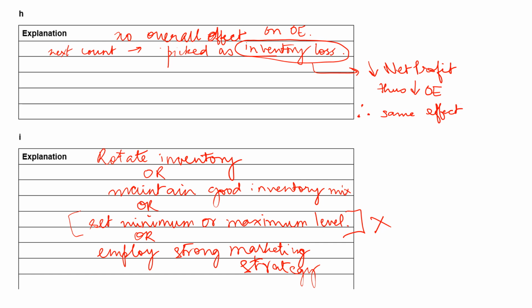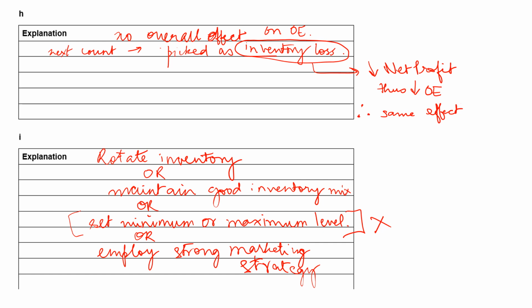So one of them listed here is rotate the inventory. That means when you're looking at the shelves and stacking up the shelves, always put the new inventory to the back of the shelves and push the old ones forward to encourage people to take that one first. This is especially important for perishable items like milk, yogurt, etc., and it reduces the chances of items getting spoiled.